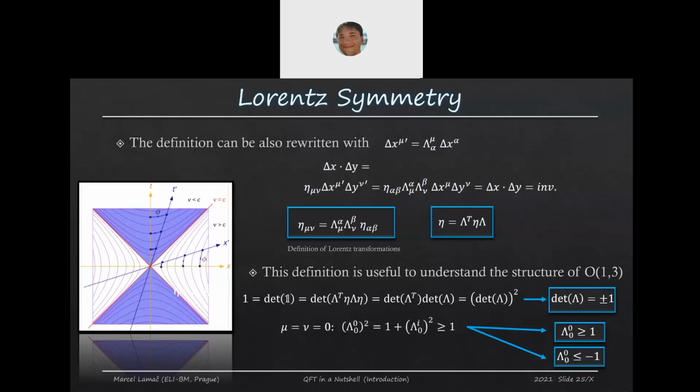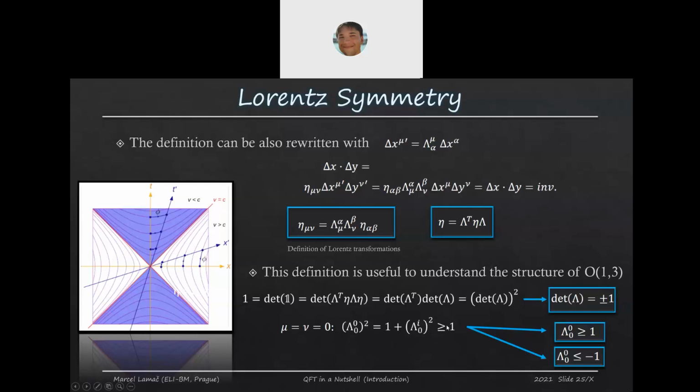So that's this equation. What we obtain is this equation down here, and we see that the square of this 0 0 component of the Lorentz transformation has to be equal to 1 plus the square of the i0 component.